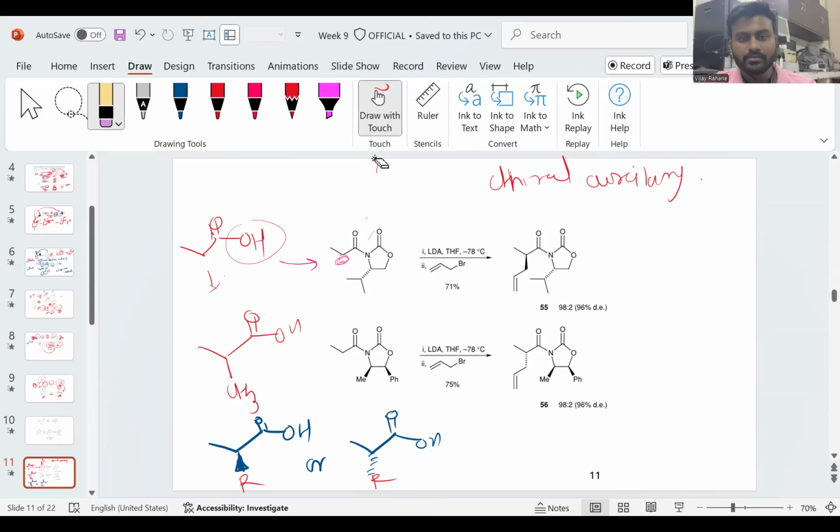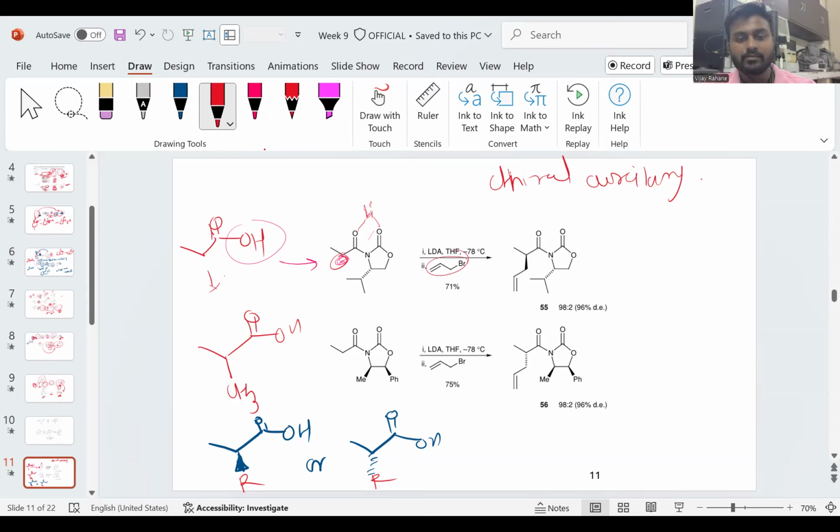You can see here, because of this chelate formation, this entire system stays stationary in this manner. When you abstract the proton, it forms an enolate here, and this enolate then stereoselectively attacks the electrophile, in this case the allyl bromide.